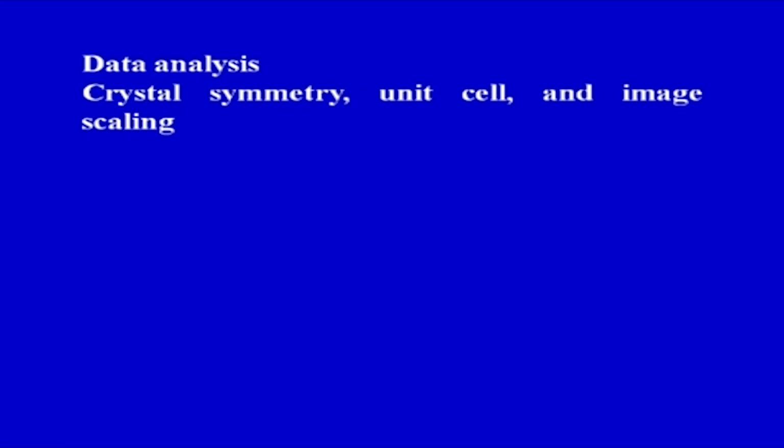Data analysis is done as per the crystal symmetry, unit cell and image scaling. A series of diffraction patterns is recorded in 2 dimensions, and like I said, many frames are collected and all this data is combined and, through Fourier transform, converted into a 3 dimensional model of the electron density map.